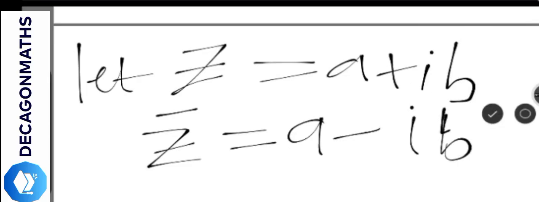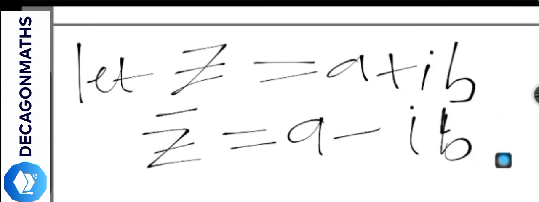Now you observe that to obtain the conjugate of this complex number z, a plus ib, we just change the positive to negative. So that's just how you find the conjugate of a complex number. Just change the positive to negative. Or if the complex number is a minus ib, then the conjugate will be a plus ib. So just change the sign.